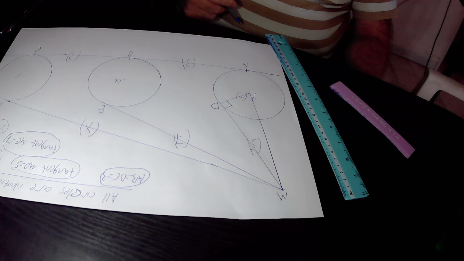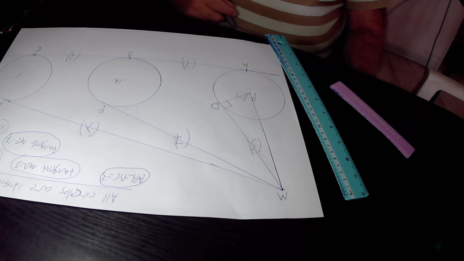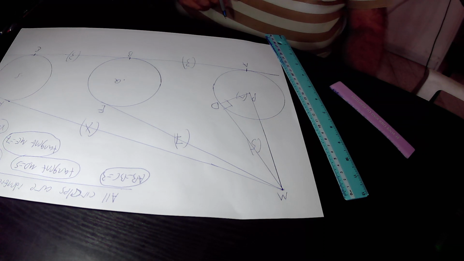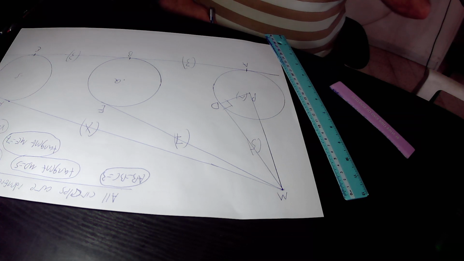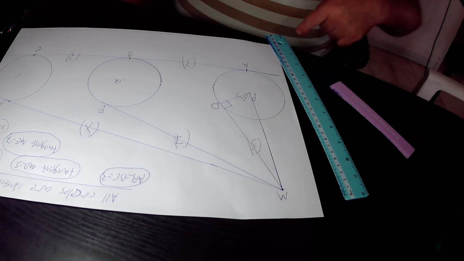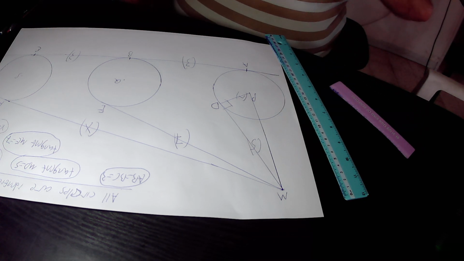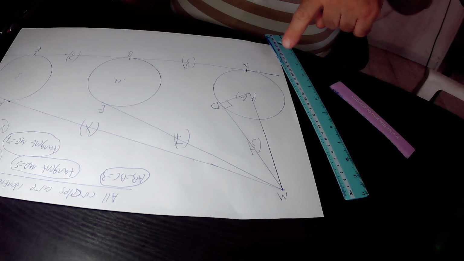According to the Pythagoras theorem, in a right triangle, the square of the hypotenuse equals the sum of the squares of the perpendicular sides. The hypotenuse in this right triangle MPD is MP. Therefore, the square of the hypotenuse is MP square, and it is equal to PD square plus MD square. So, I'll write it down.